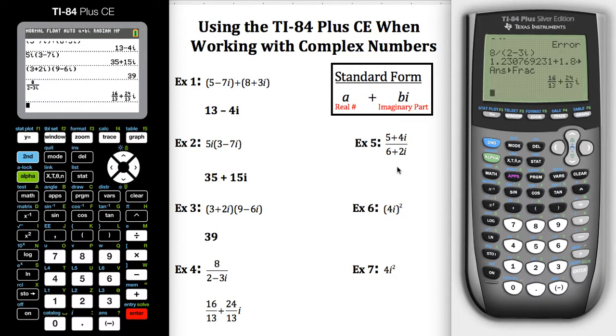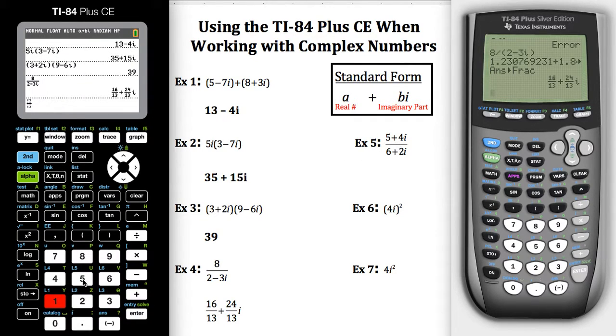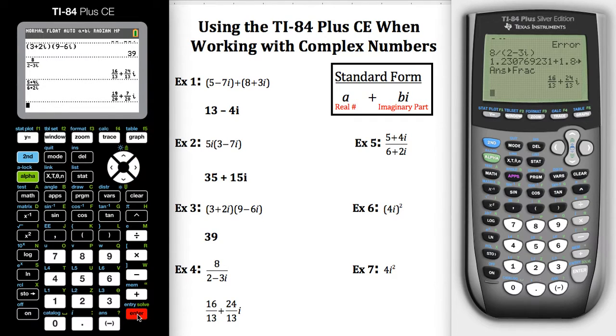Alright, let's do example 5 here. I'm going to come back over here to the newer calculator. Again, I'm going to go ahead and use the fraction because it's going to work really nicely. I'm going to put 5 plus 4i in my numerator, arrow down, and put that 6 plus 2i in the denominator. And hitting enter, then I get 1920 over 720i.